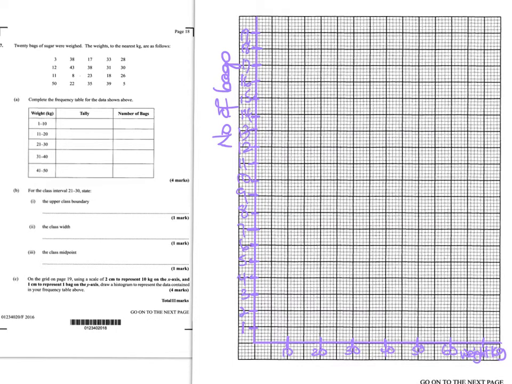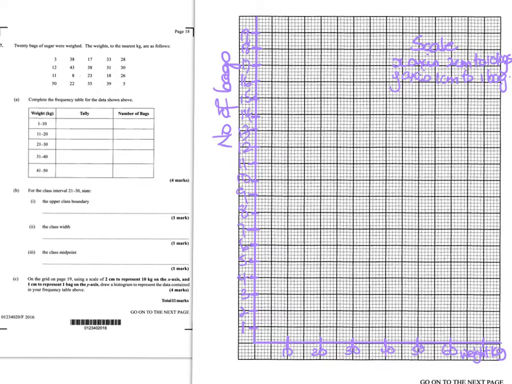So our scale, let's do that a little neater. Alright. So our scale would be x-axis 2 centimeters to 10 kilograms, and y-axis 1 centimeter to 1 bag.